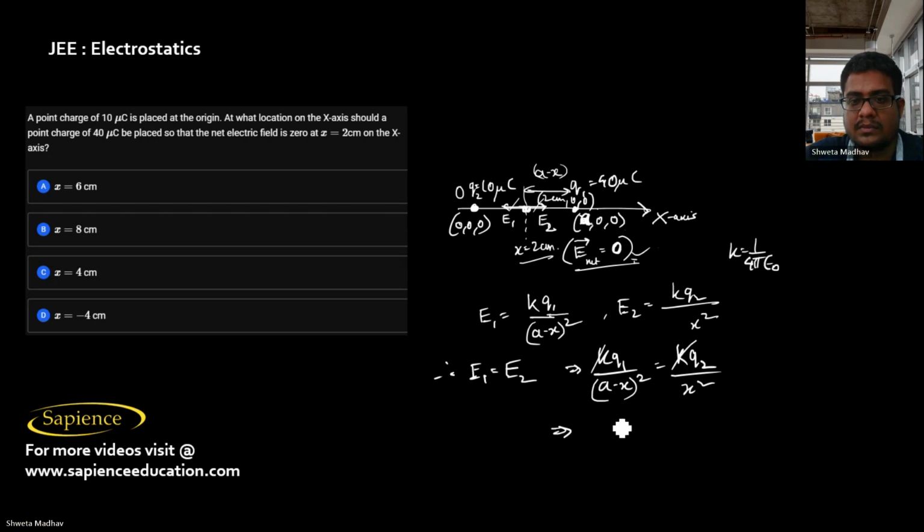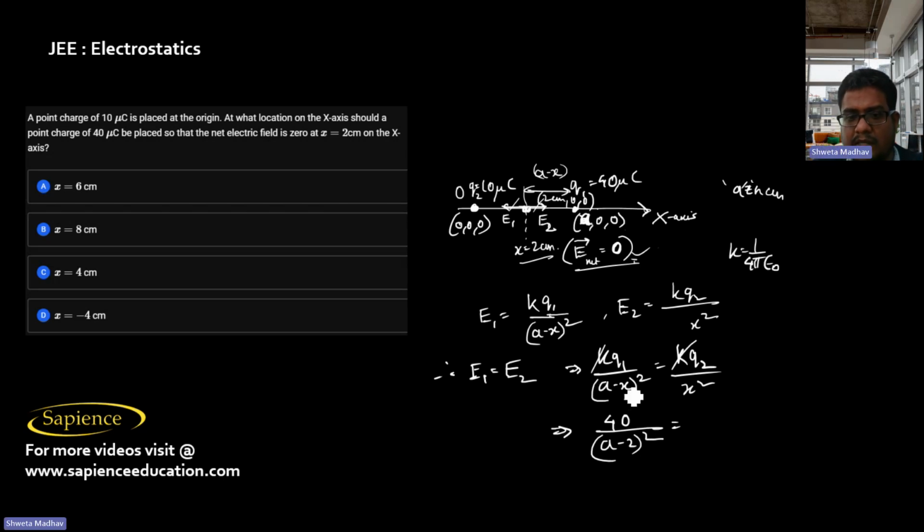Q1 that is 40 microcoulomb divided by A minus 2 whole square, where A will come in centimeter only since X is given in centimeter, equals Q2, that is 10 microcoulomb, by X square, X is 2 square.